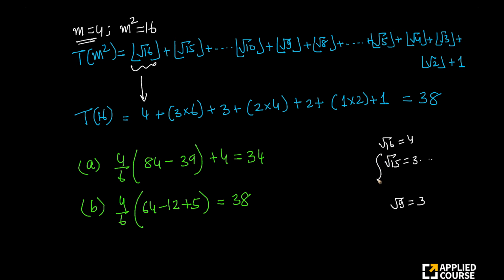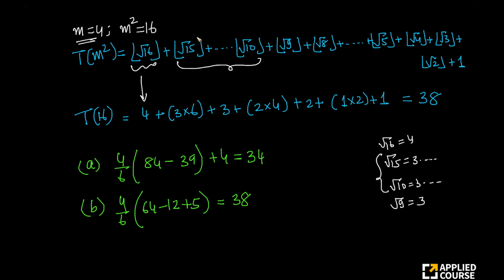So square root of all the numbers between 15 and 10 will be 3 point something, right? And if you take the floor of each of them, the floor of all these 6 numbers, the floor of square root of 15 up to square root of 10, all of them will be 3, right? Because they are 3 point something. If you take floor, everything will go to the integer less than this.